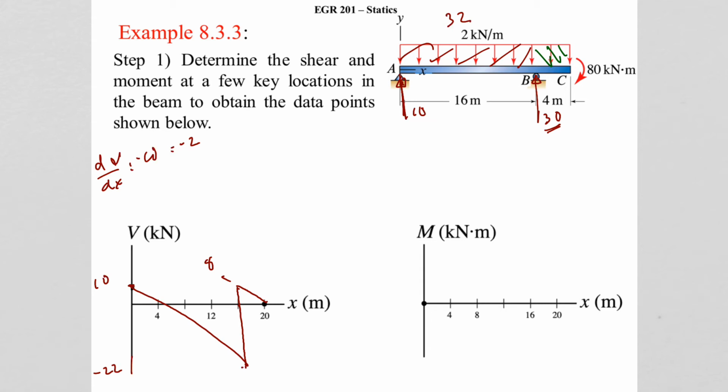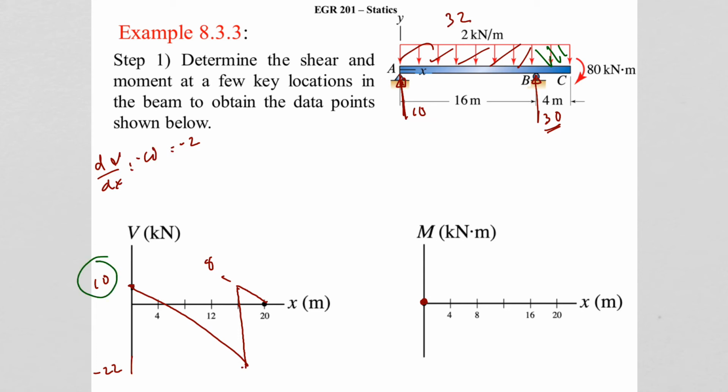Now let's take a look at our moment diagram. We know in the beginning our moment should be 0 with a pin. We know that our moment diagram will have a positive 10 slope based off of this value of the shear.